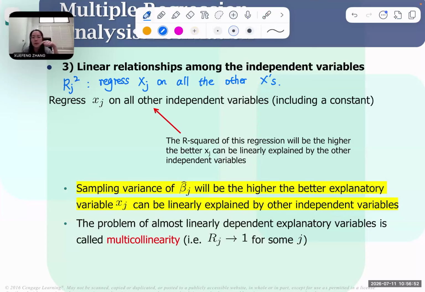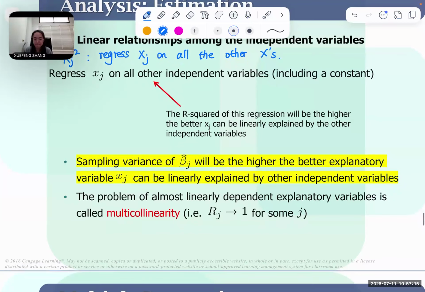Makes sense with our partialling out picture. Still remember partialling out? If the other x already explain most of xj, there's very little pure independent variation in xj left over for OLS to use, so OLS gets confused. Less clean signal, less precise estimates, okay?